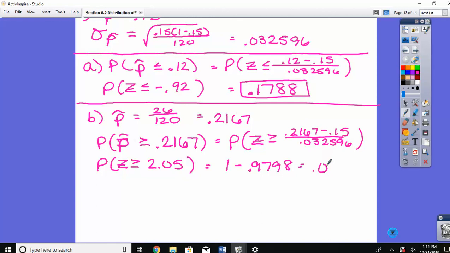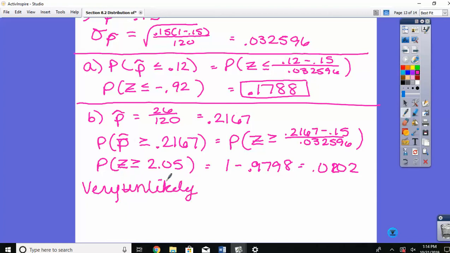Oh, I have the exact opposite because I looked at the negatives. So we get 0.0202. So this means it is unusual. It's very unlikely.